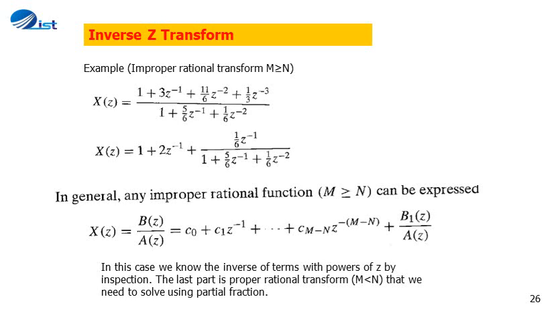And this B1 of z over A of z is called a proper rational transform. Next we need to solve for this, and we would apply partial fractions on this particular part. It will be more clear to you by looking at the next page for an example of such a transform, in which the transform is a proper rational transform.